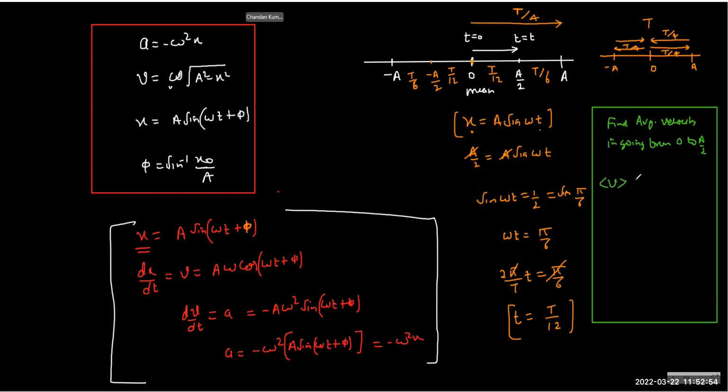So what is the definition of average velocity? Total displacement upon total time. The displacement is A by 2, and the time is how much? T by 12. So what is the answer? Is it clear? Yes. Okay.